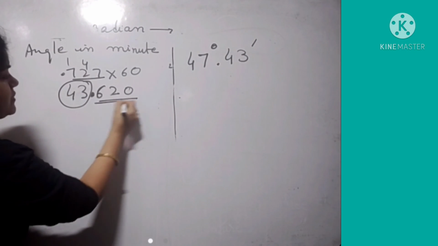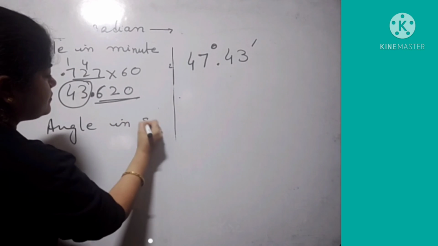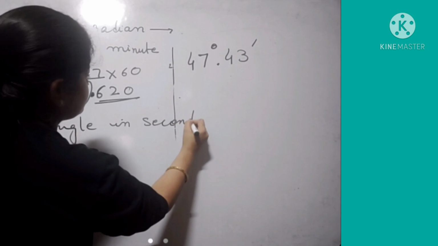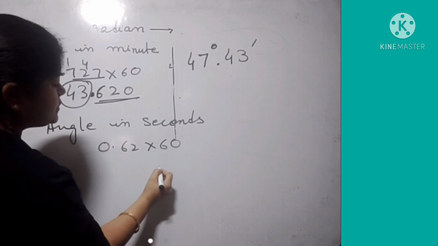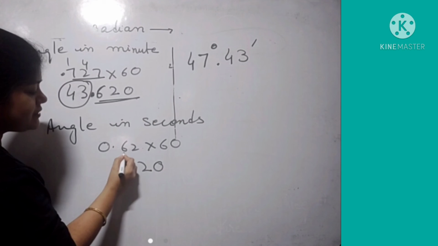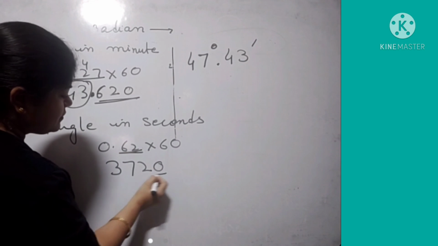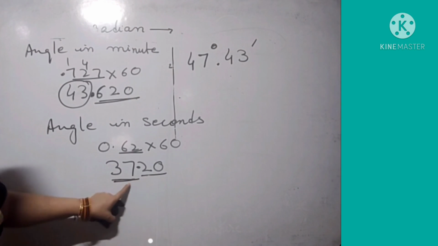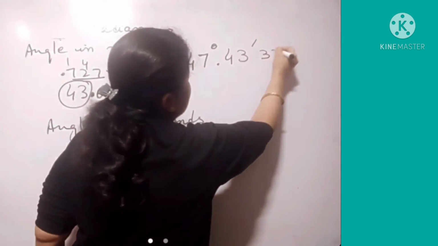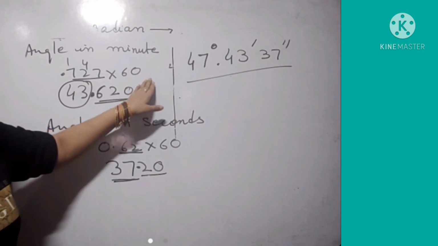Then we multiply this one to get the angle in seconds. 0.62 into 60. 6 2s are 12, 6 6s are 36, 37. After two digits, this is 37. Now it is less than 60, so we leave it as 37 seconds. So this is the proper answer.